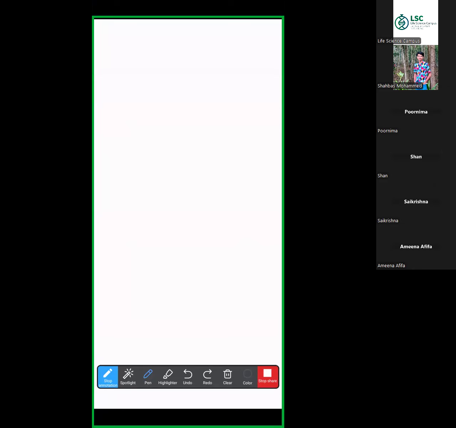Then coming to iteroparity, there is repeated reproduction. It is the pattern of repeated reproduction at intervals throughout the life cycle. Consider this as the life cycle of an organism.